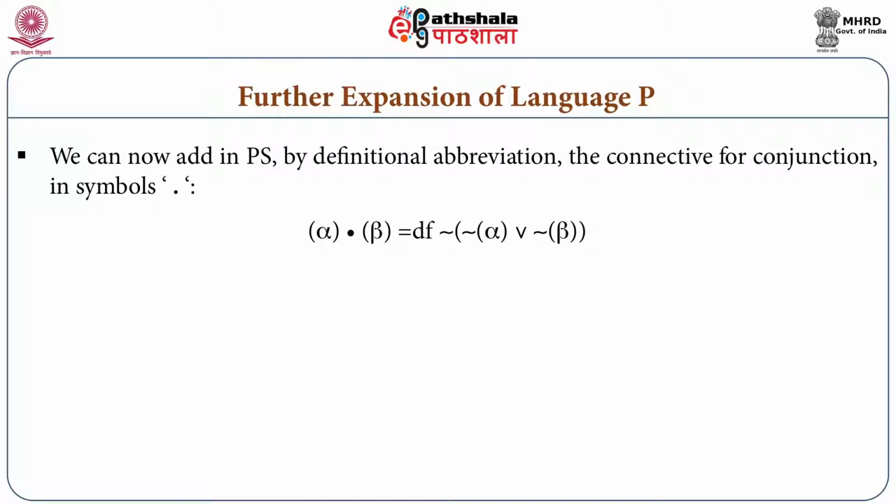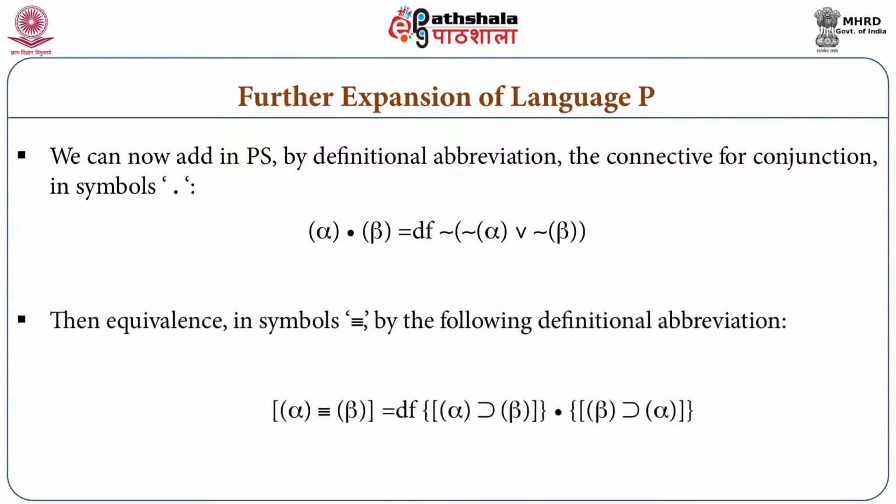Alpha dot beta, that is alpha conjunction beta, is definitionally equivalent to negation of negation alpha or negation beta. Now this can be shown in a different way also, which is to say, when is alpha equivalent to beta?